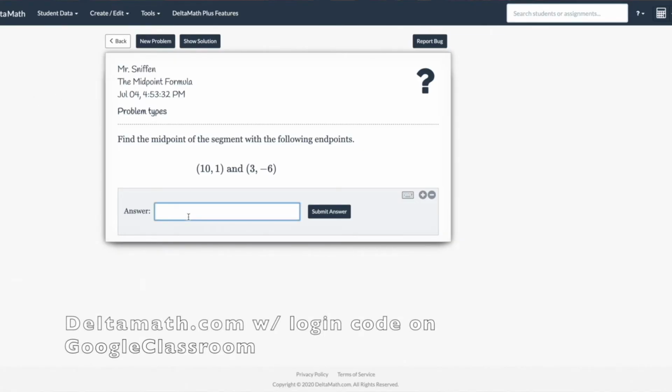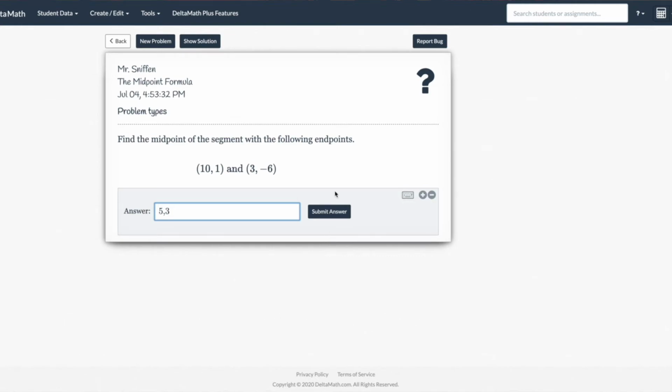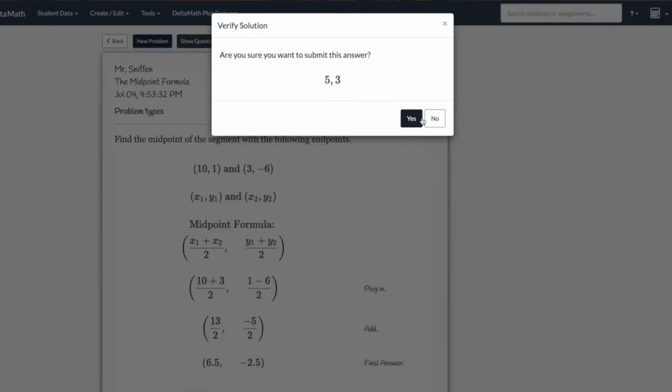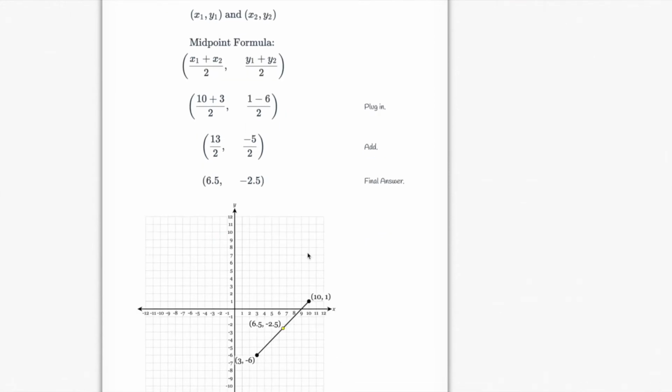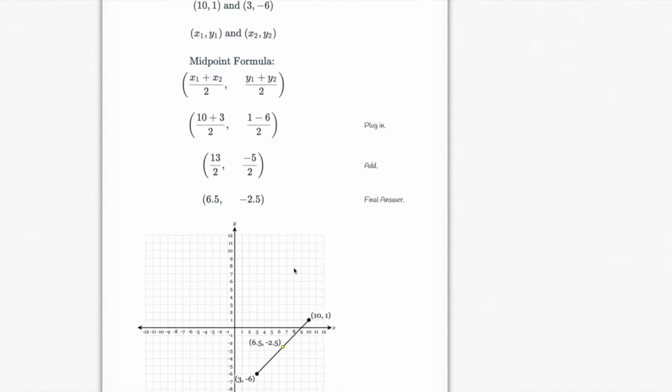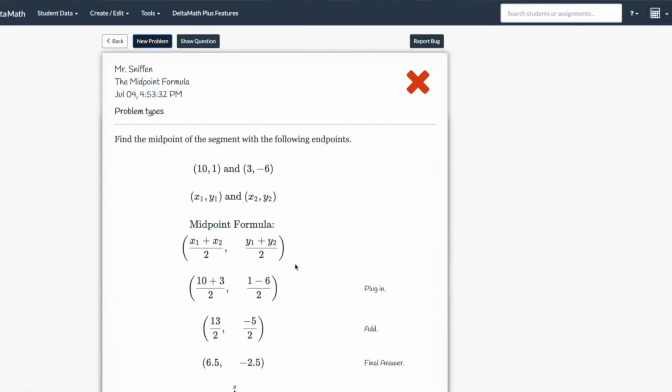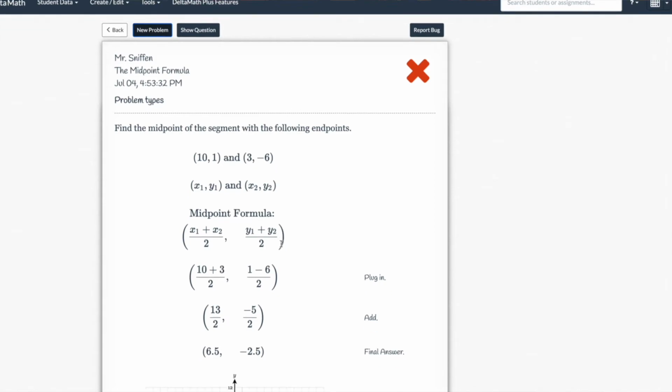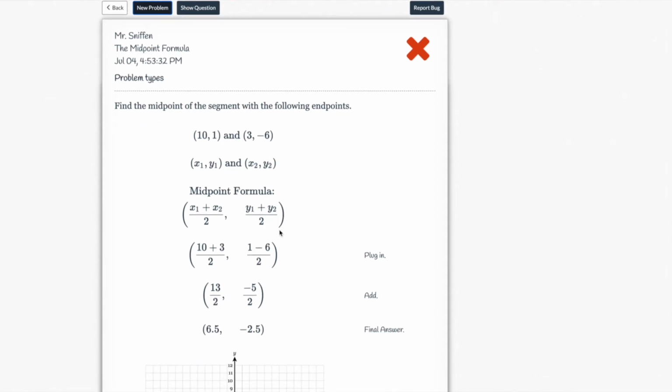One of the benefits is that when you put in an answer and it's wrong, it tells you why you're wrong and gives you examples of how to do it. Occasionally you'll see things that look a little wonky, but they'll show you a visual aid of how they solved everything.